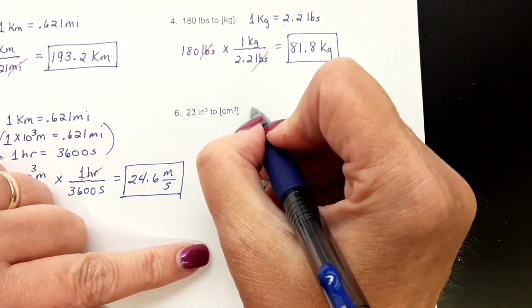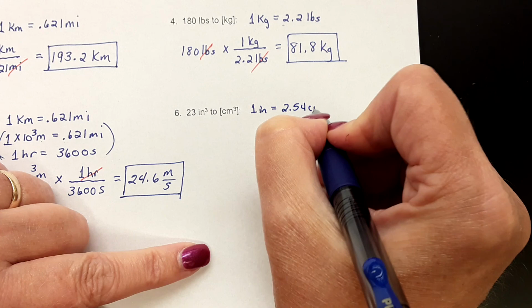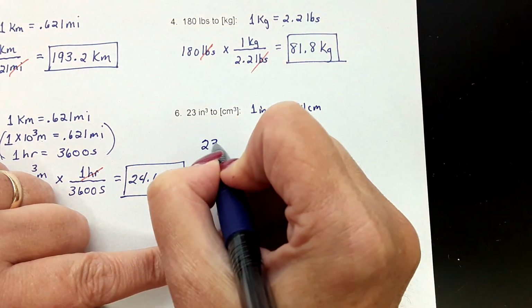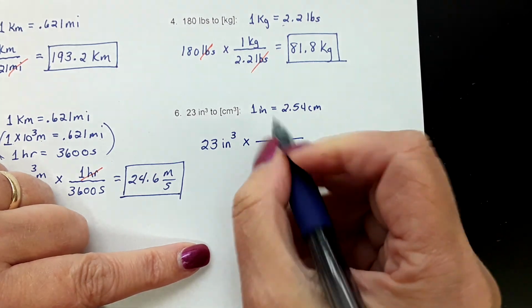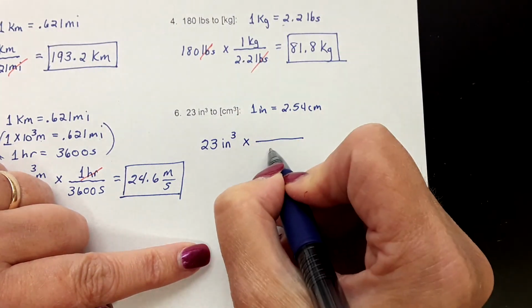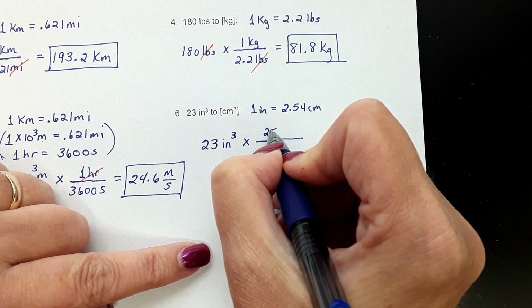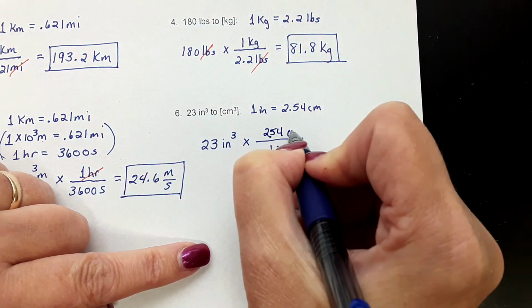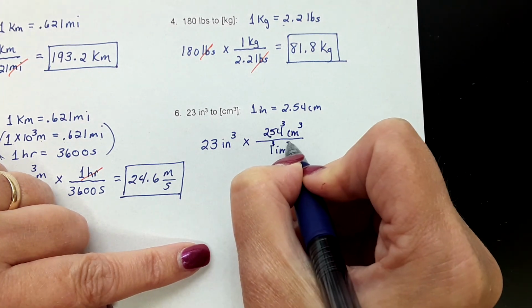Okay, so let's look at that. We know that 1 inch equals 2.54 centimeters. So if we have 23 inches cubed, then we want the inches on the bottom, and we want the centimeters on the top, and now we're going to cube, cube, cube, cube.